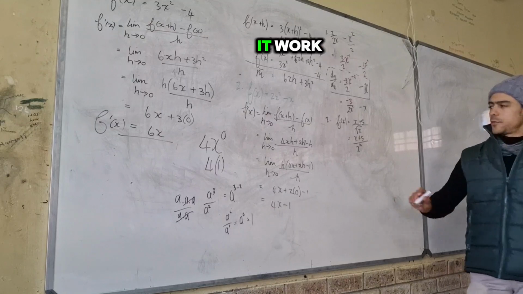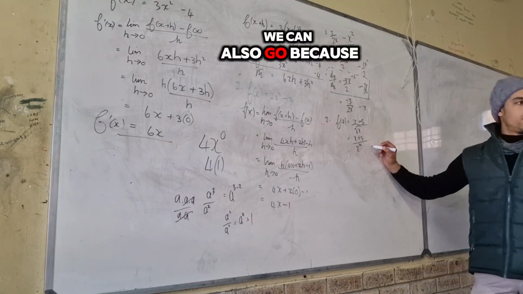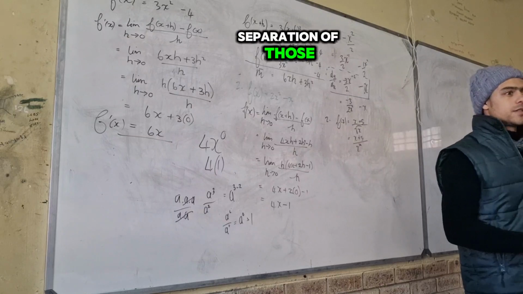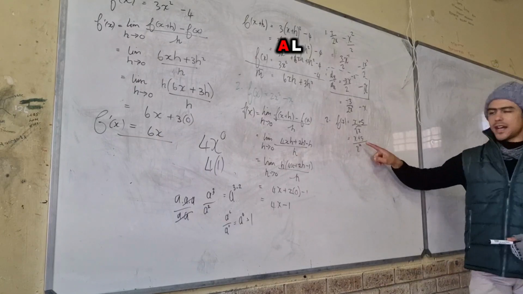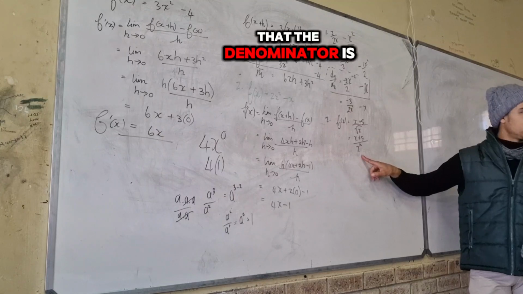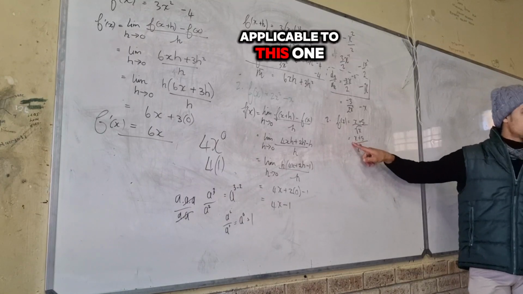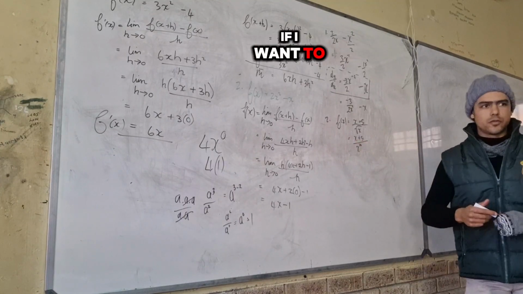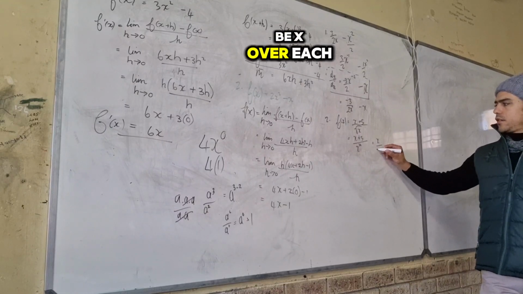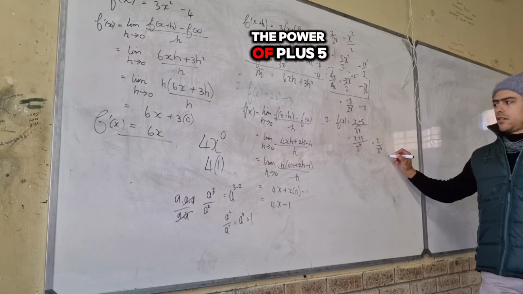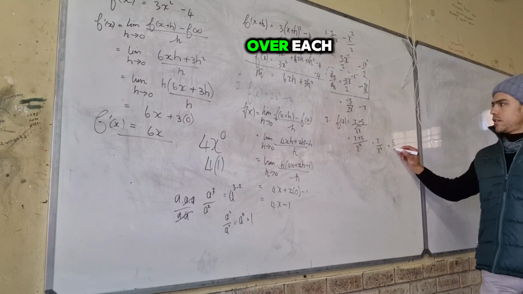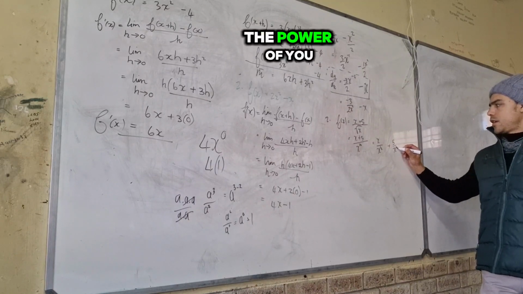Grade 11 work. We can also go, because a plus, what is a plus indicating? Separation of terms. That means this is basically an LCD, and the denominator is applicable to this one and that one. So if I want to, I can split them up, and that's going to be x over x to the power of half plus 5 over x to the power of half.